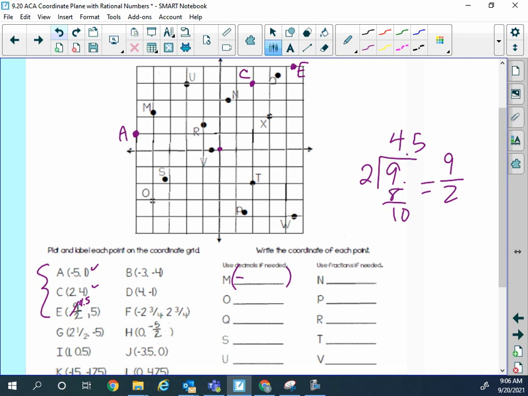Okay? So let's see. How many negative? Here we go. 1, 2, 3, 4. So negative 4. Perfect. Then we're going up. So negative or positive? Positive, and it went positive 1, positive 2, and a half would be right there.